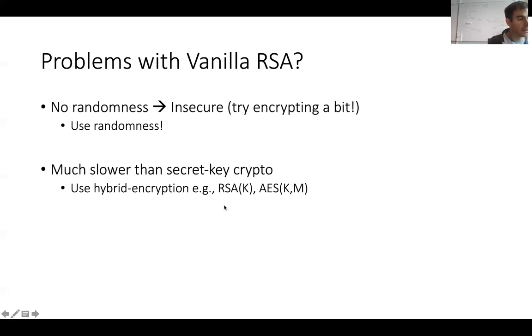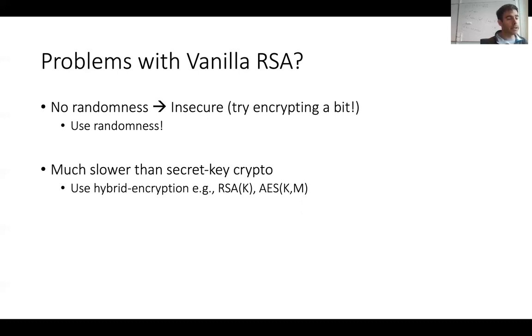Another problem that RSA has, or more in general, public key encryption schemes have, is that they're much slower than secret key cryptography. So if you use AES or AES in CBC mode, you can encrypt a large amount of data in very short time.